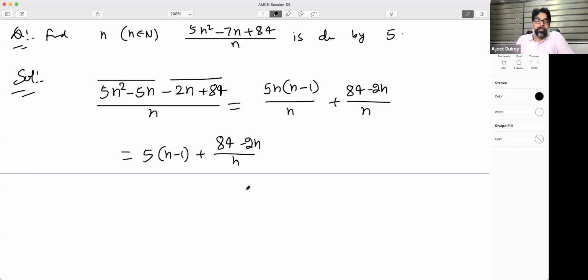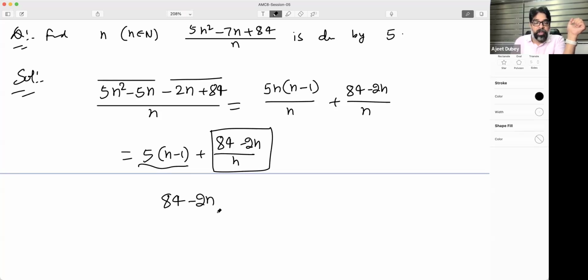Watch very carefully, everybody. This part is already divisible by 5, so we don't have to worry. If you want the total to be divisible by 5, then this part, 84 minus 2n divided by n, should also be divisible by 5. So 84 minus 2n must be a multiple of 5n, that is 5m n.